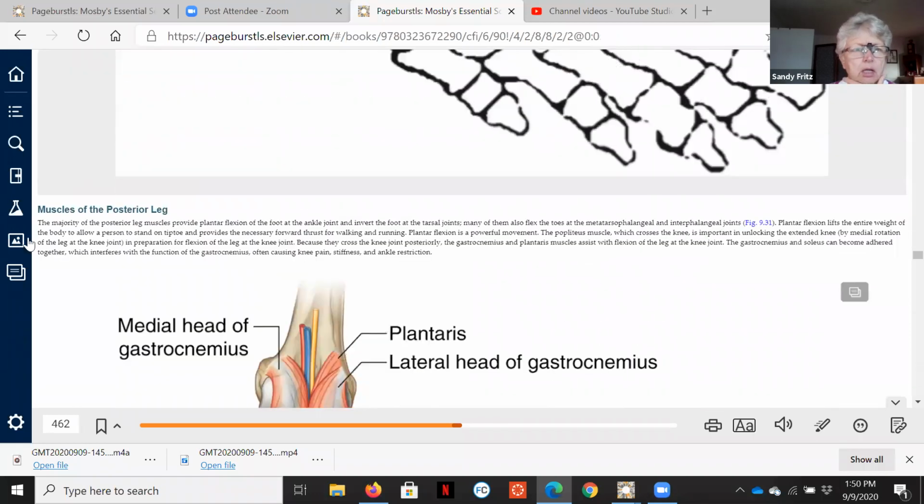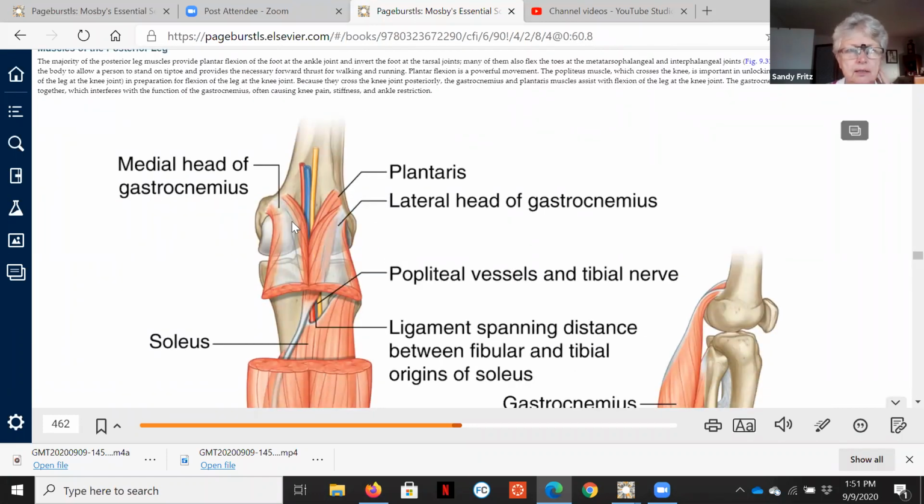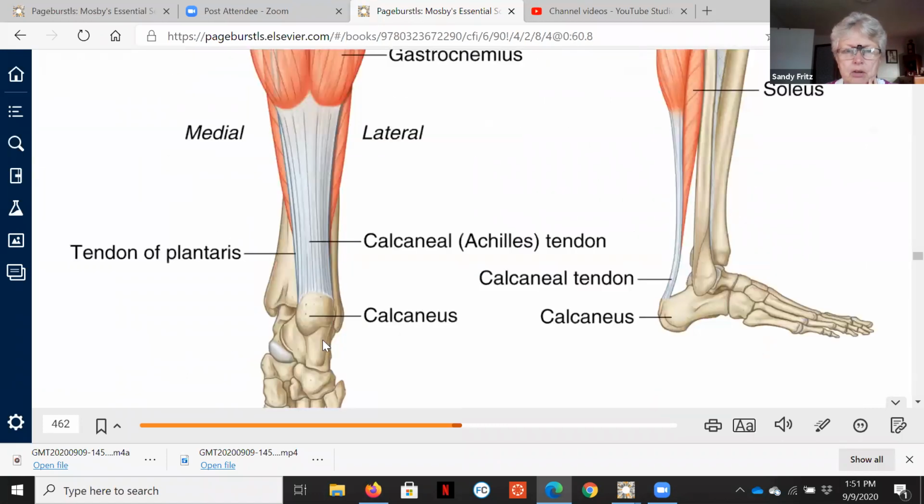Here we go. Muscles of the posterior leg. Okay, now we can see the gastroc, and sure enough, look what happens. They attach from the tibia all the way over the knee. They cross two joints.